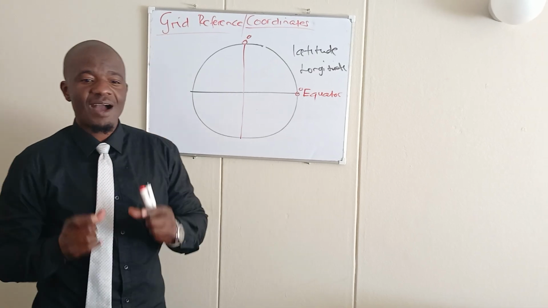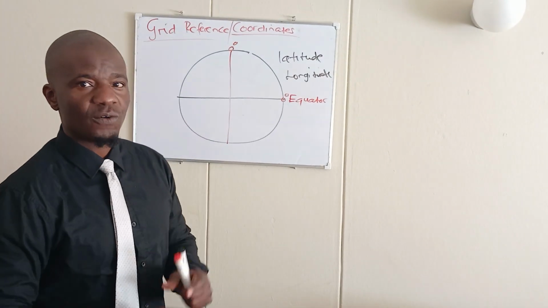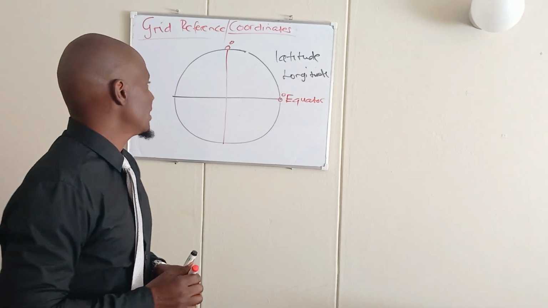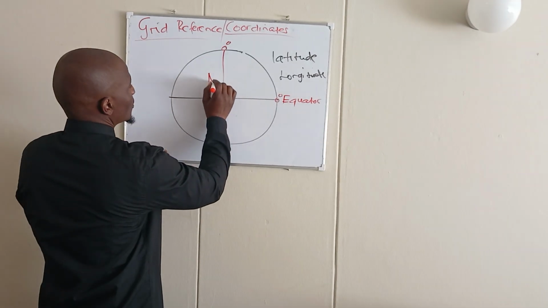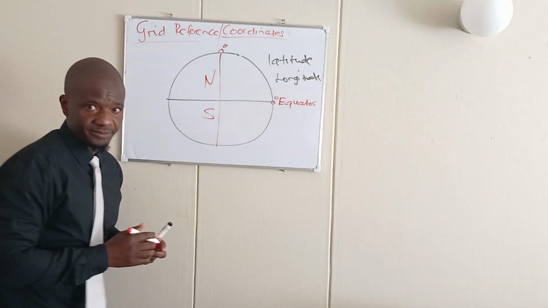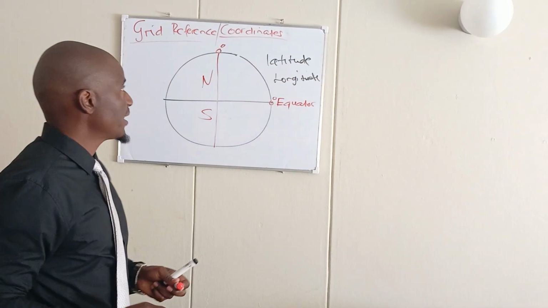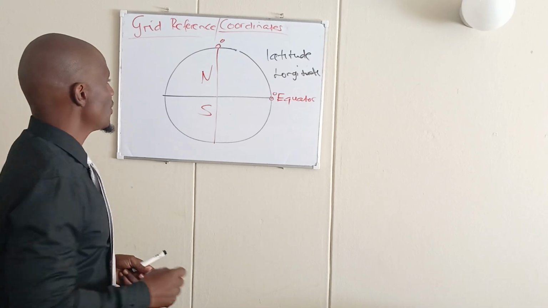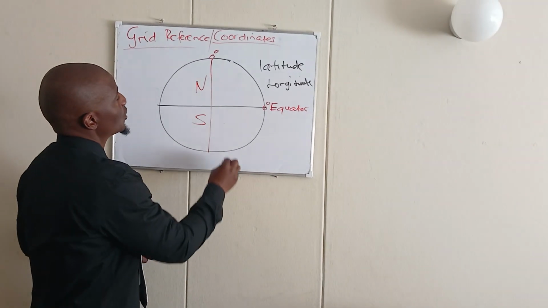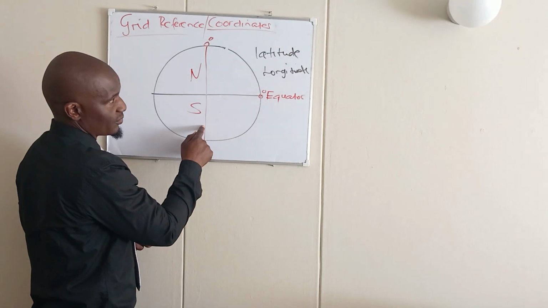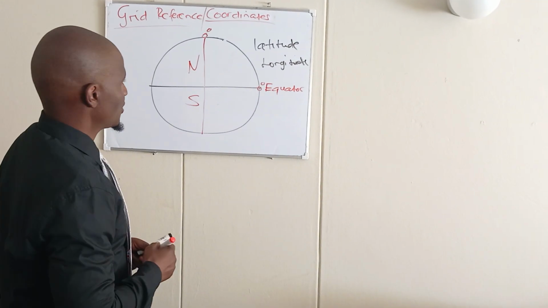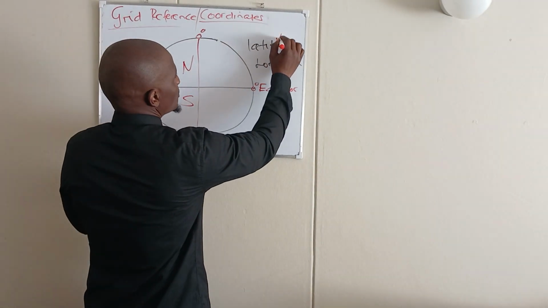Whenever you are asked to find the location of a place on Earth, it's either north or south of the equator. That is in relation to the latitude. So whenever you are asked to find the coordinates of a place, you find it in relation to whether it is north or south of the equator. That's why whenever we are doing coordinates, we start first with the latitude.